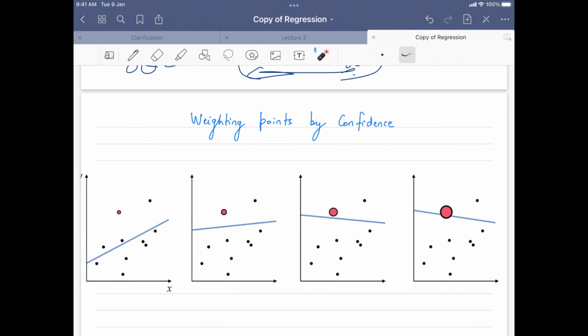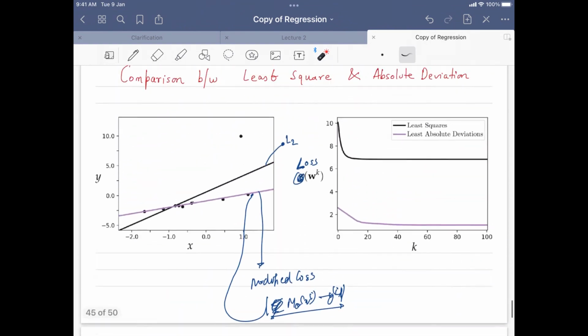This is trying to show you that if more samples are accumulated on these dots, then the line will give priority to these samples, and all these lines are L2 lines. If you use the modified loss function which I discussed earlier, it might be the case that the line will not shift that much. It will shift, but not that much, if you use this particular loss function we were discussing here.